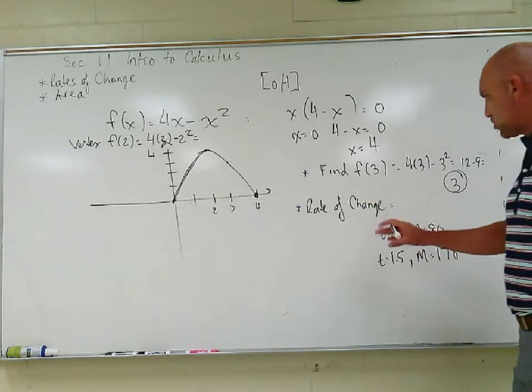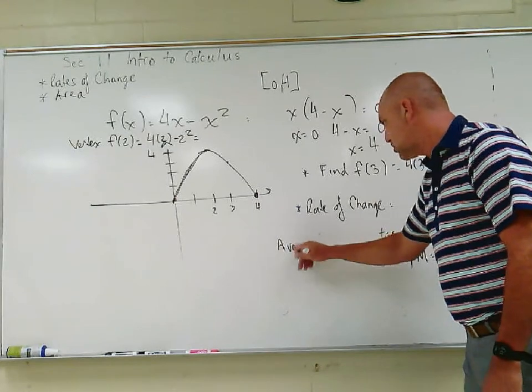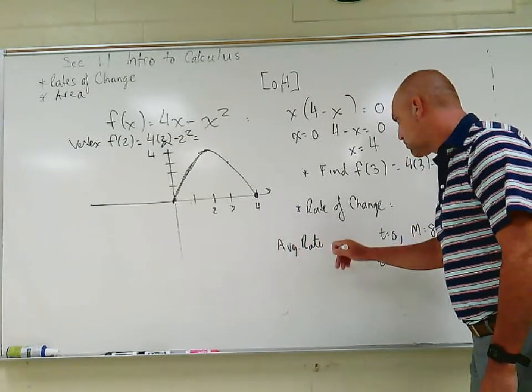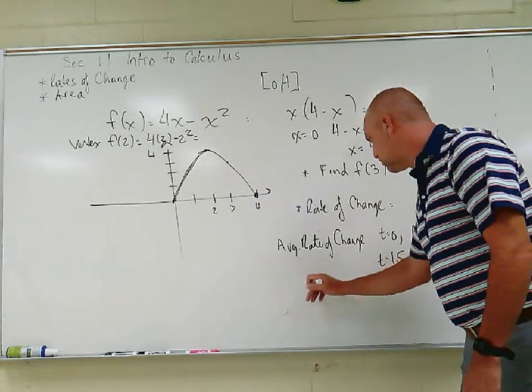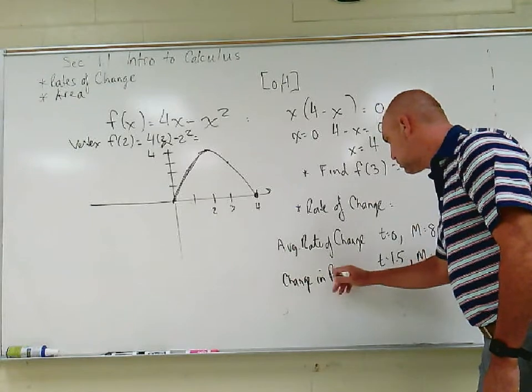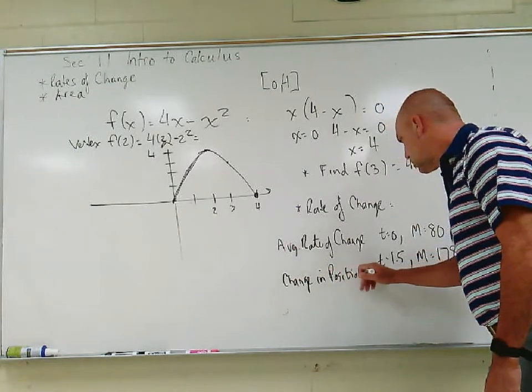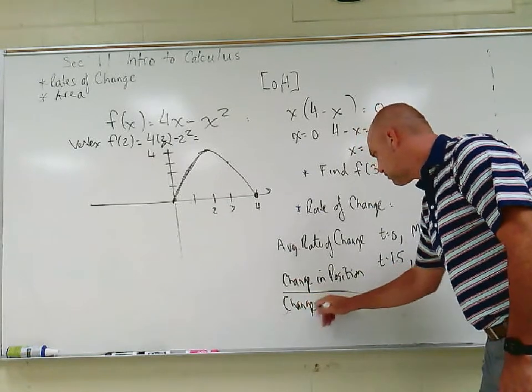So to get rate of change, the average, so if we want the average rate of change, all you do is you do your change in position over your change in time.